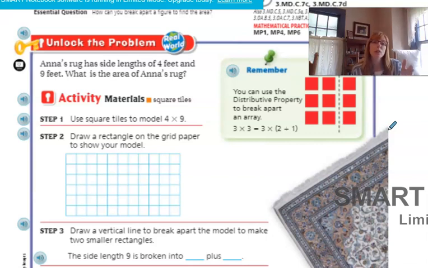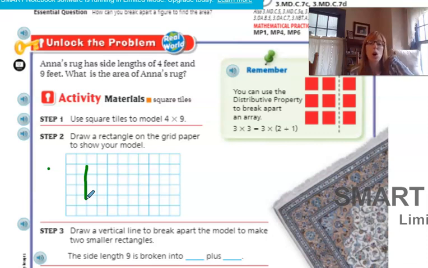Okay. So it says use the square tiles to model 4 times 9. So you want to make sure that you're going down 4. 1, 2, 3, 4.